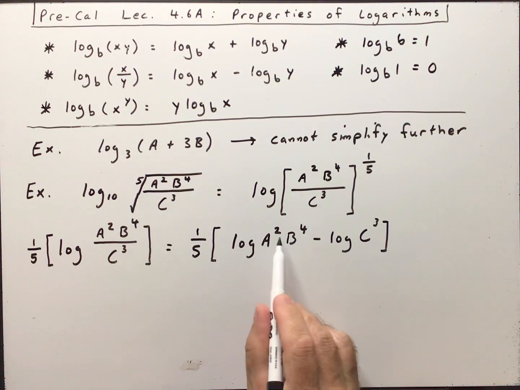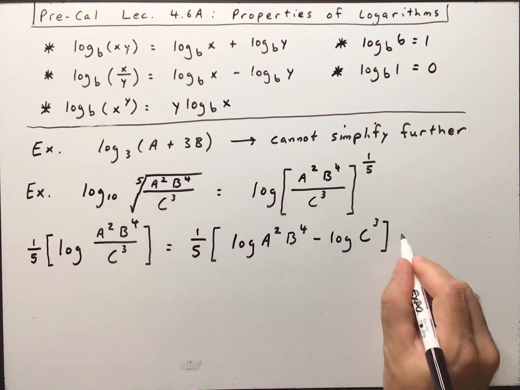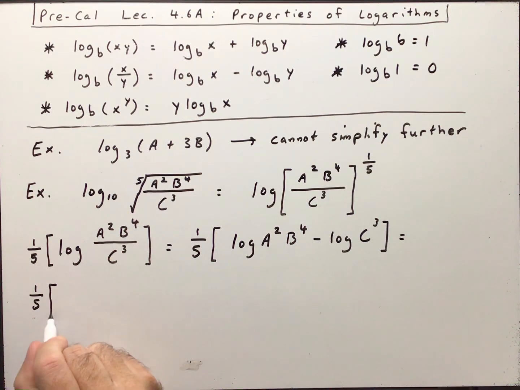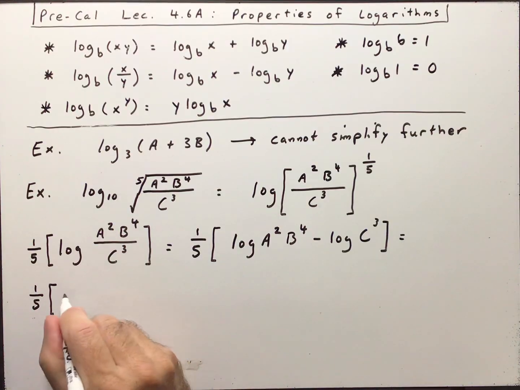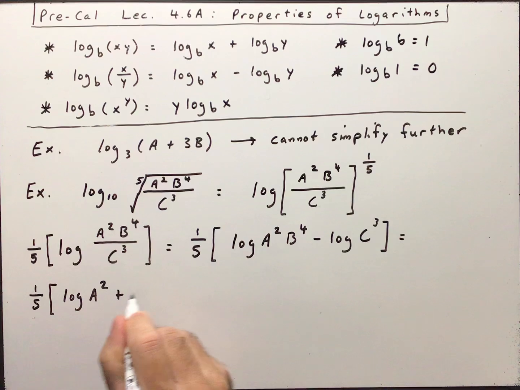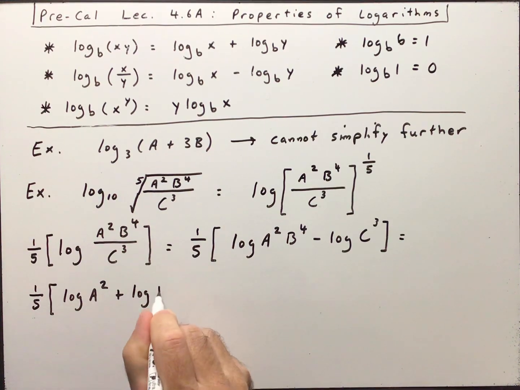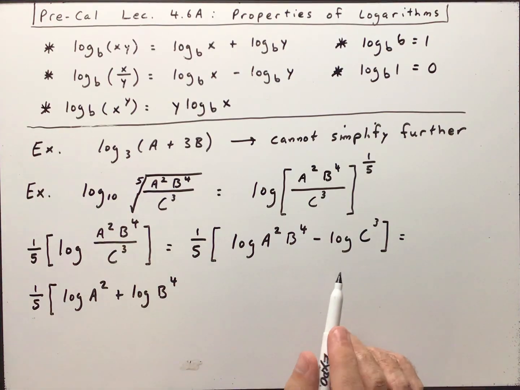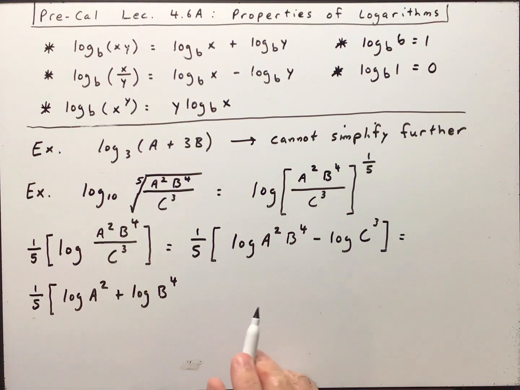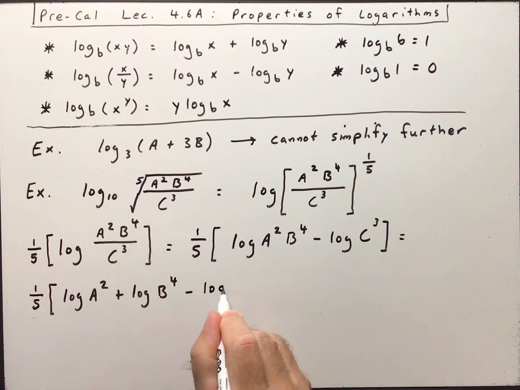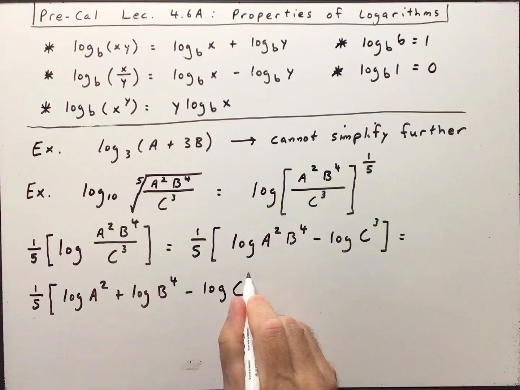Okay, we've got a product here, a squared times b to the 4th. So that's going to be 1/5 times log of a squared plus log of b to the 4th. Now I want you to resist skipping steps in between because I need you to show me the steps so I can give you partial credit if you make a mistake. Minus log of c cubed.